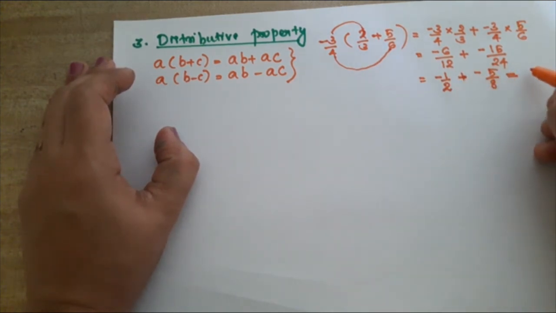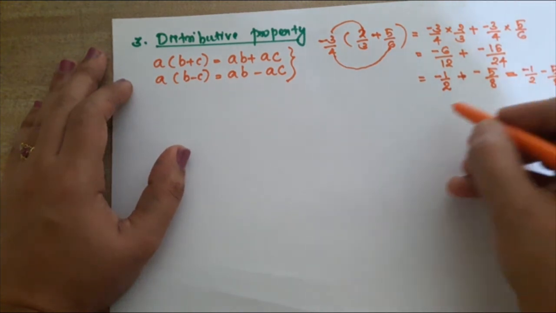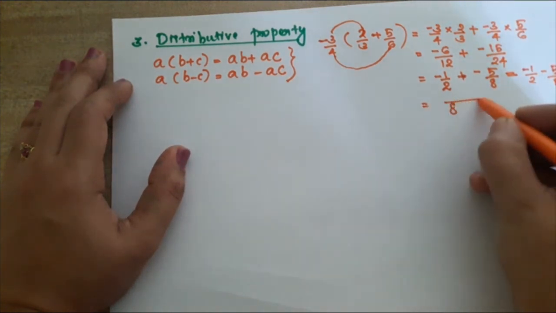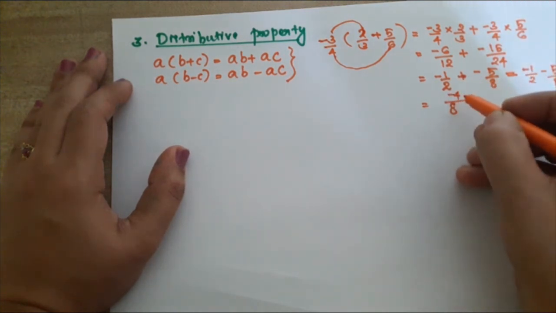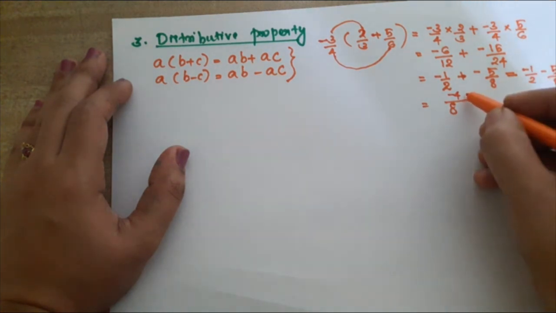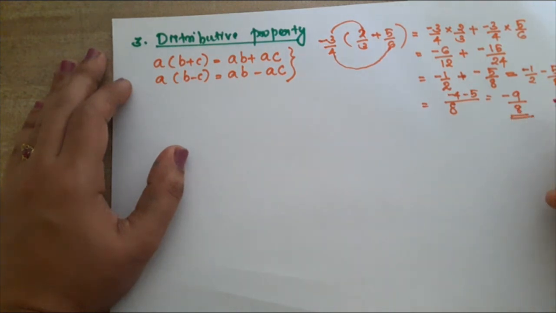So it is minus 1 by 2 minus 5 by 8. What is the LCM here? 2 and 8, 8 is the LCM. Then you should multiply this by 4, and here it is 5. That is minus 9 by 8, that's the answer.